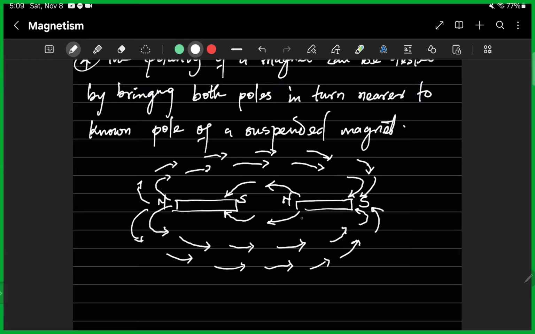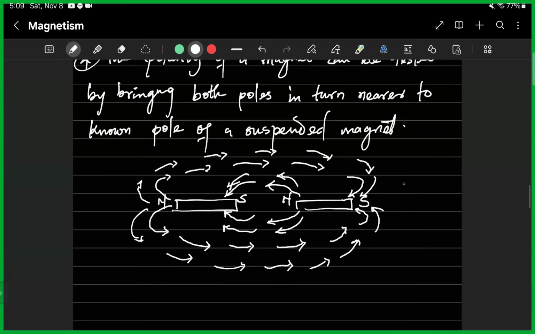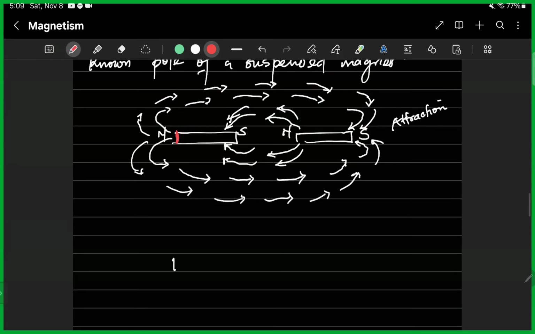So this is more like attraction, where we see the concept of coming out of North Pole and entering at South Pole. But that was because we placed the magnets like this, north, south, north, south.